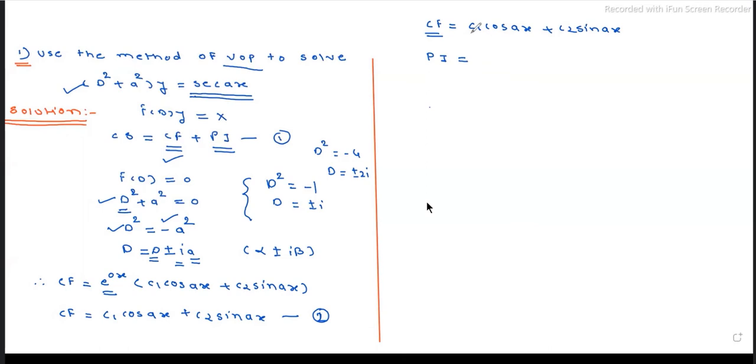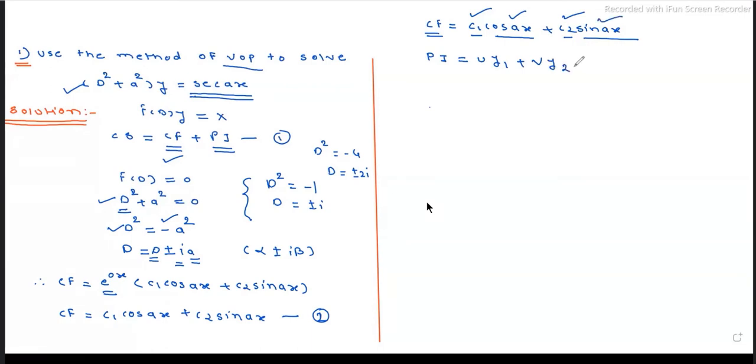So PI is equal to, check what I do. What is CF? C1 cos AX plus C2 sin AX. C1 is replaced by U. Cos AX is considered as Y1, plus C2 is replaced with V, sin AX is considered as Y2.